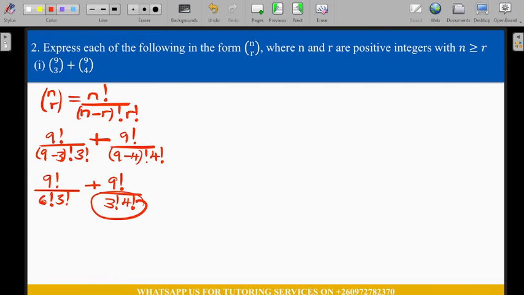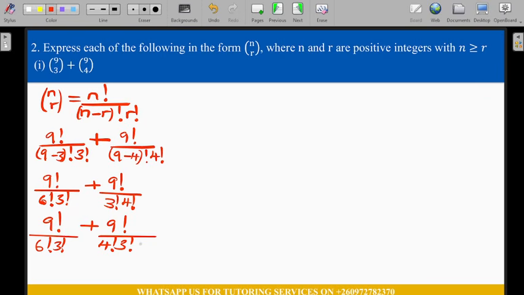So we need to switch here. We'll have 9 factorial over 6 factorial 3 factorial plus 9 factorial over, switching so that the first number is greater than the second number, so it becomes that.